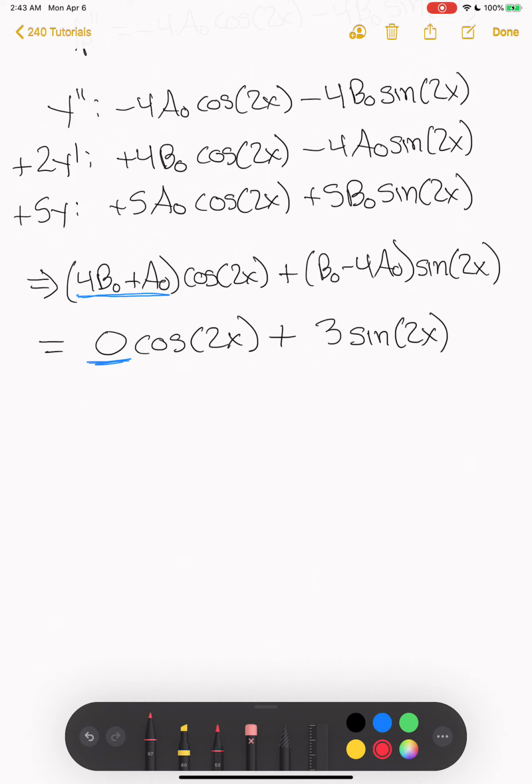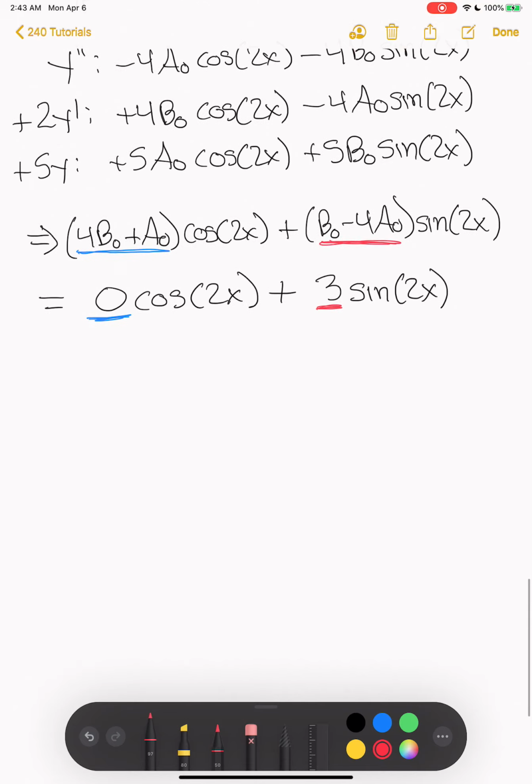And then I know I have 3 over here in front of the sine, so I know that b naught minus 4a naught better give me 3. So I can go ahead and write those equations out. I have 4b naught plus a naught gives me 0, and then I have b naught minus 4a naught is equal to 3.